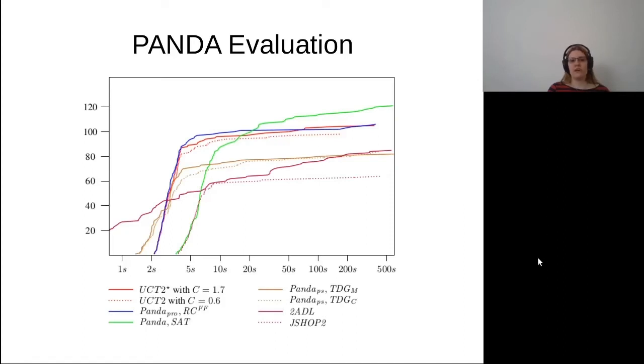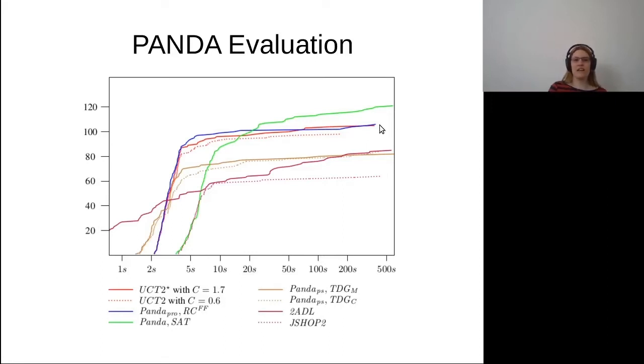With that, we ran some evaluations. This is just a standard time scale, and over here we have the number of solved instances. With this, we can see that these two red lines, which are the MCTS configurations, are clearly on par with this blue line, the standard Panda implementation, but are still outperformed by the set-based one.